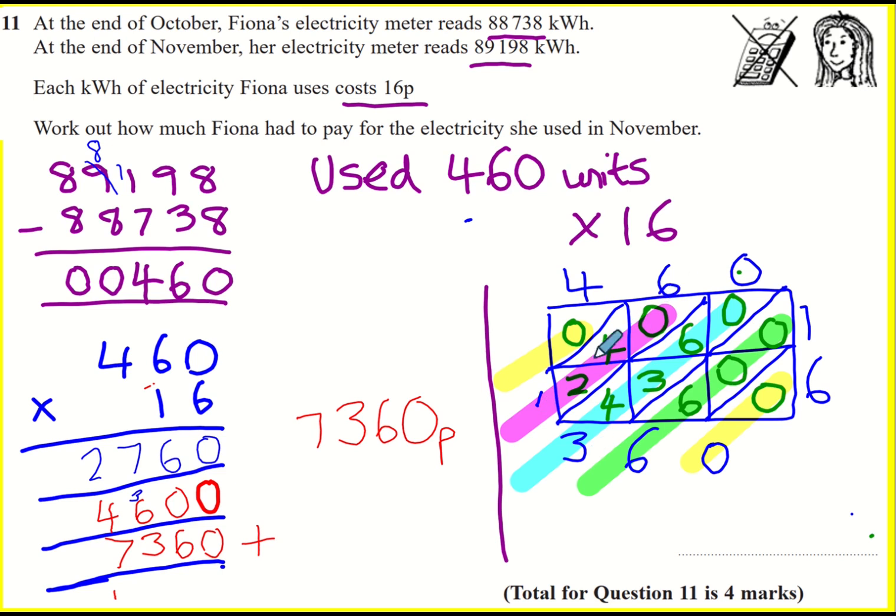And then you add again here the 0 plus the 4 plus the 2 plus that little 1 that you've just brought forward, and you get 7 there. Make it a nice big 7 because that 1 now has done its purpose. And there's nothing there. So again, you get 7, 3, 6, 0, so 7,360 pence.